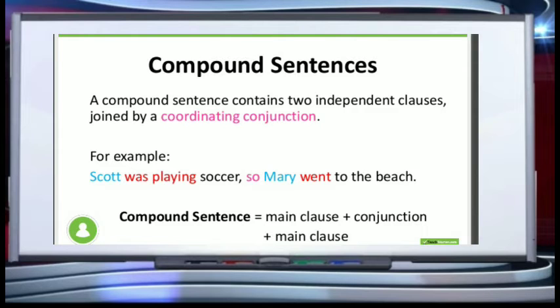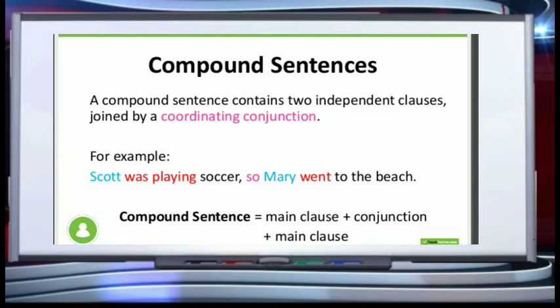Now, the next type, compound sentences. What are compound sentences? A compound sentence contains two independent clauses that are joined by a coordinating conjunction. For example, Scott was playing soccer, so Mary went to the beach.